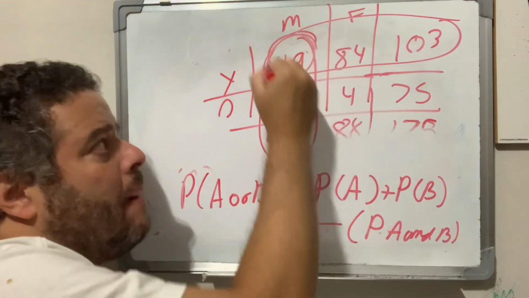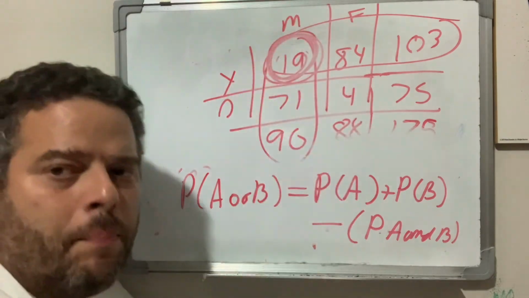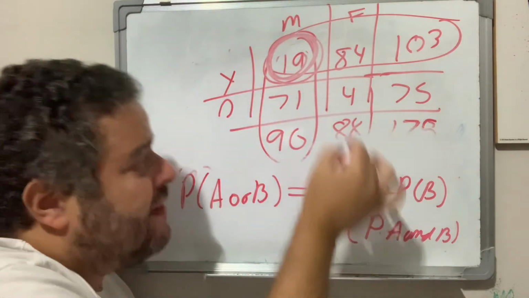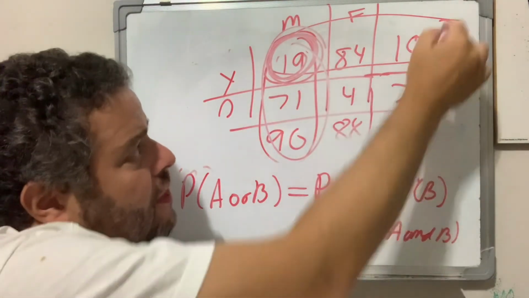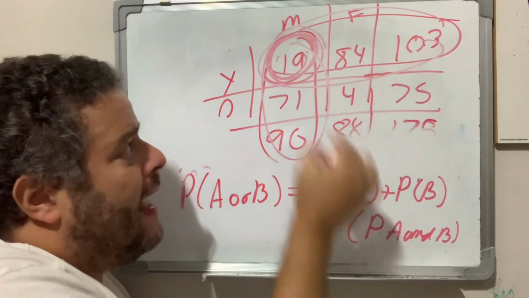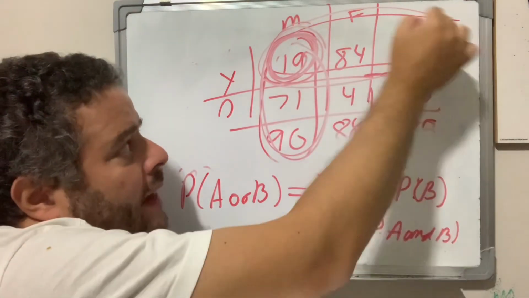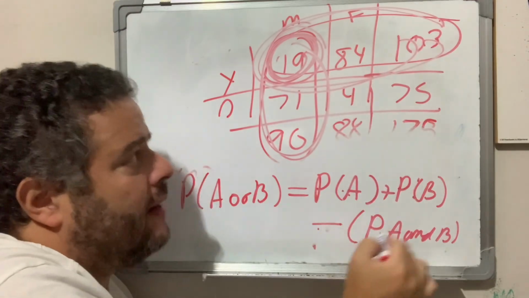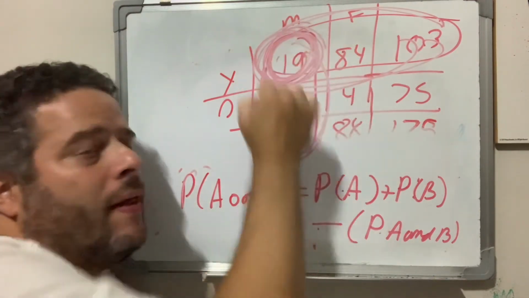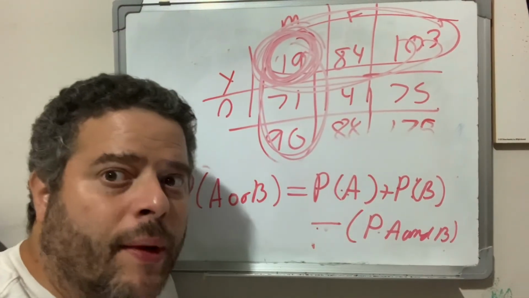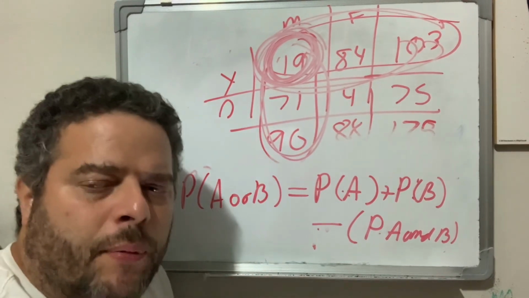A and B happening would be the repeat numbers, where both this happens and this happens. So you add this, and then you subtract the probability of when they both happen. It's pretty much what we went over in the previous example.